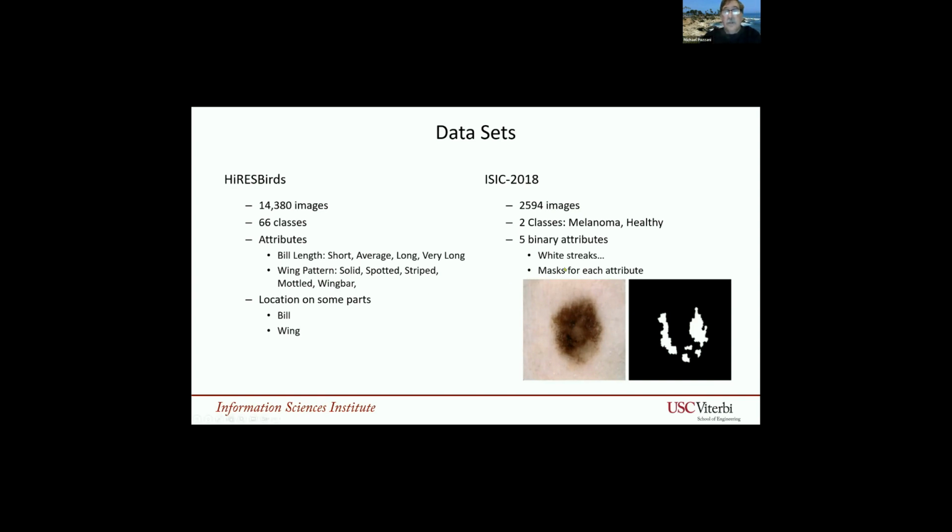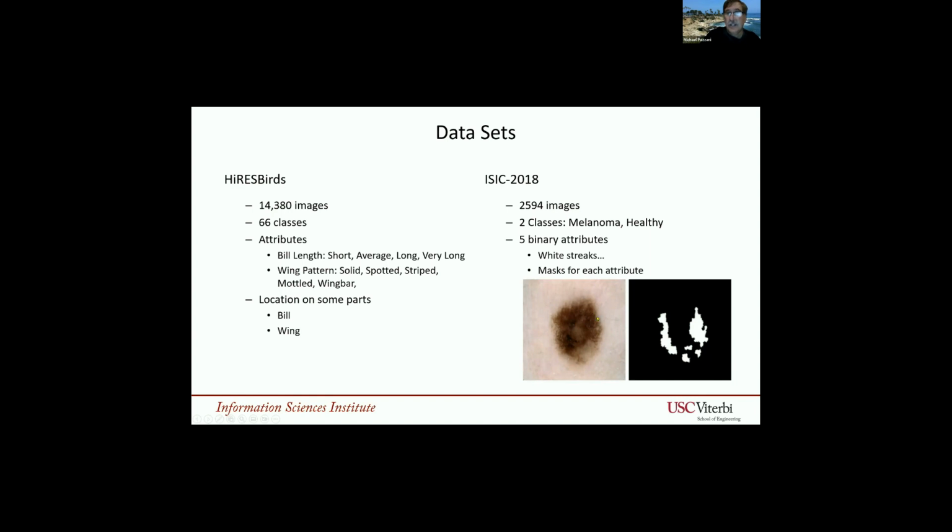And then another data set we use is a melanoma data set with about 2,500 images, and about half of those have melanoma and half are healthy. And then they have attributes that describe the image, like is the border irregular or are there white streaks? And for each attribute, we actually have a mask that says where it is.